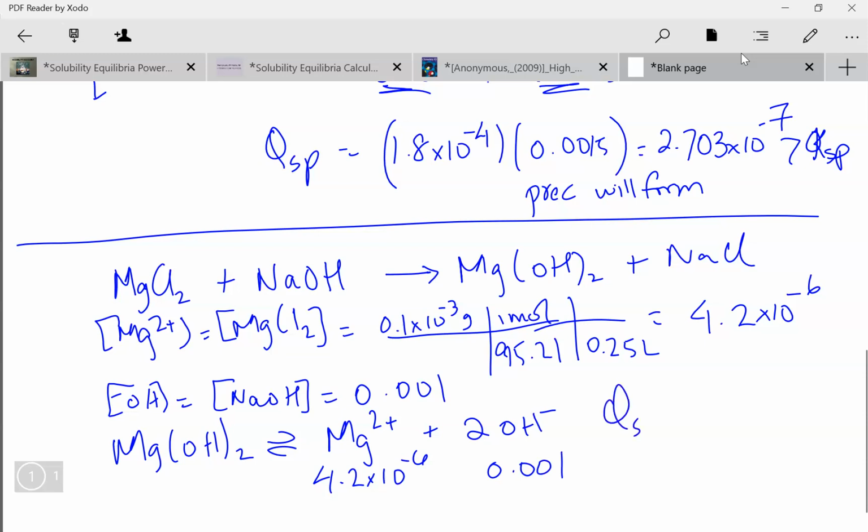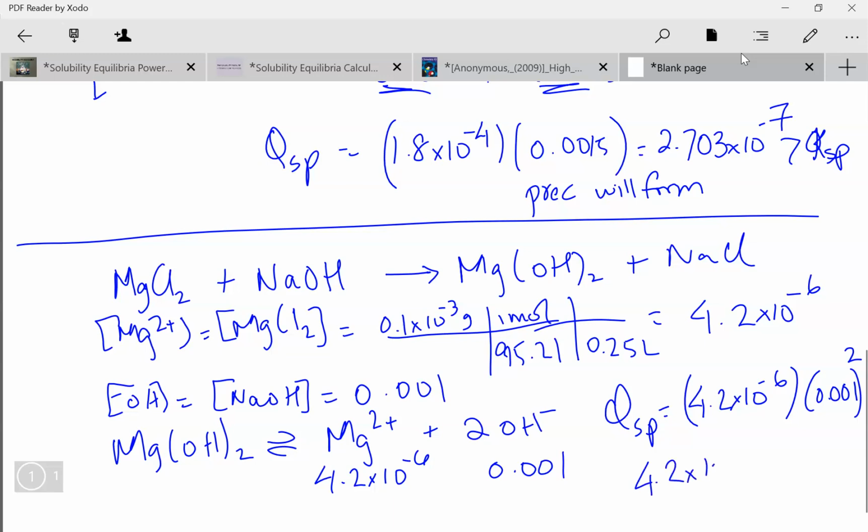So my QSP is 4.2 times 10 to the power negative 6 times 0.001 squared, which is 4.2 times 10 to the negative 12. But my KSP for magnesium hydroxide happens to be 5.6 times 10 to the negative 12.